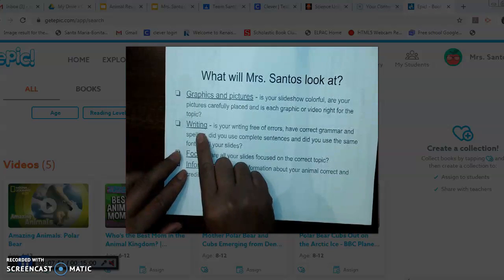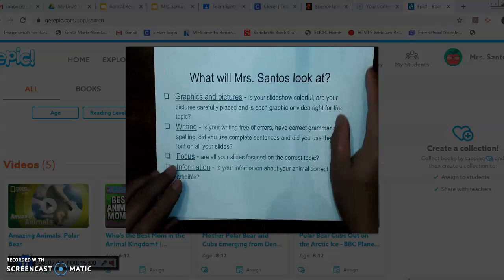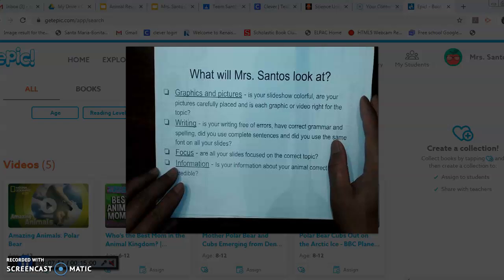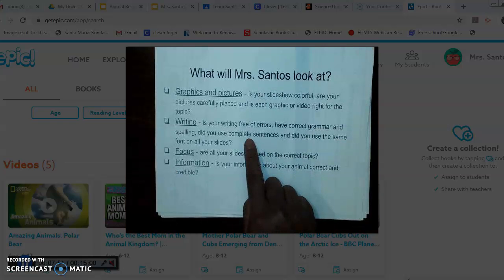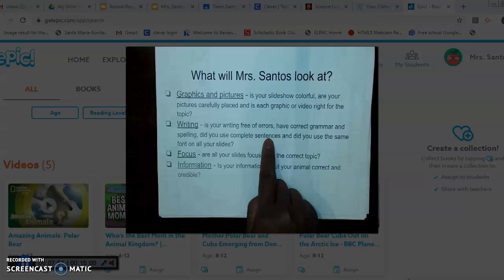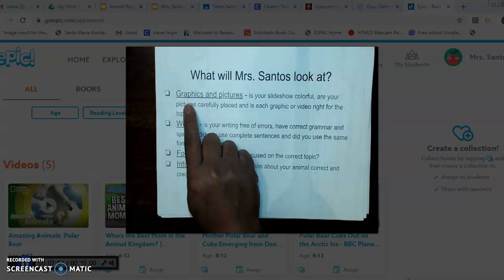Your writing is free of errors. You've checked your spelling. You've made sure you've added capitals. You've made sure you added periods, and that you are using complete sentences. This is really information, the focus. So I was kind of talking about that when I talked about graphics. Does your picture match what you are talking about?